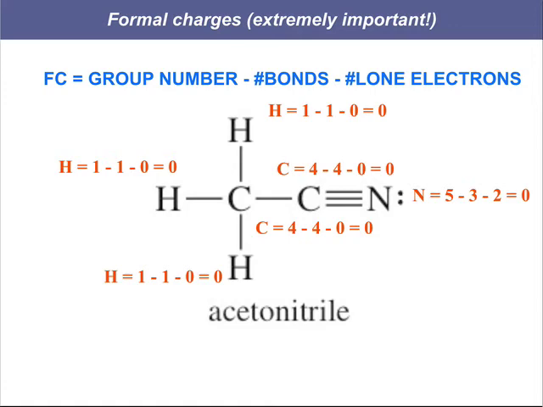So in this molecule called acetonitrile, all the formal charges are 0, meaning that this is a fairly stable molecule. This is a good arrangement of these electrons, as ideal as we can get.